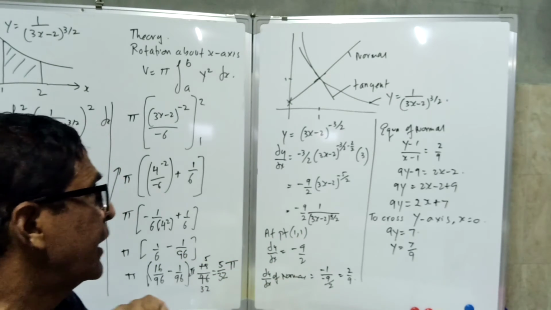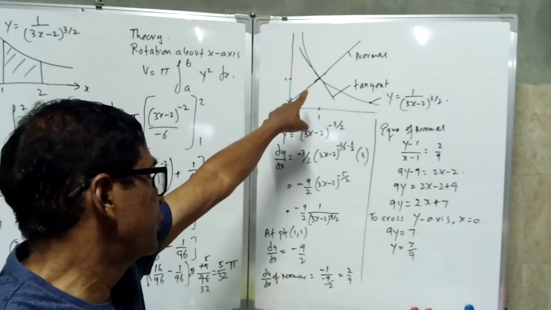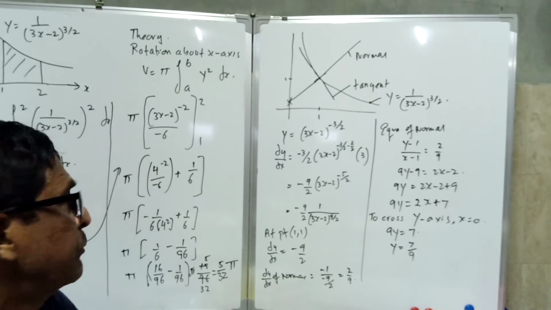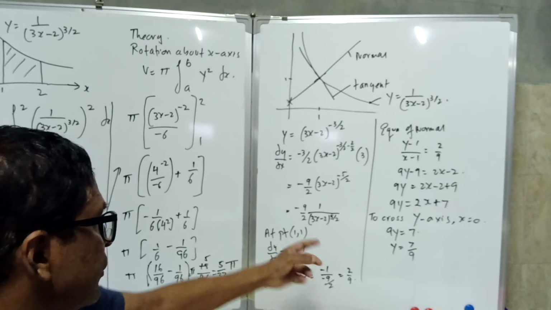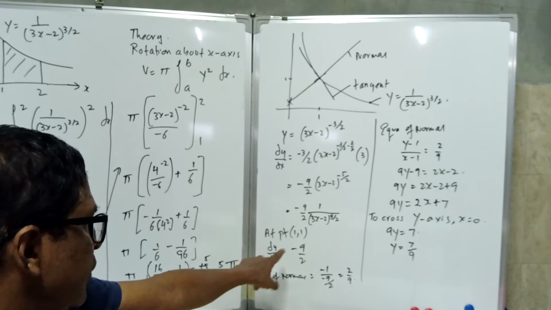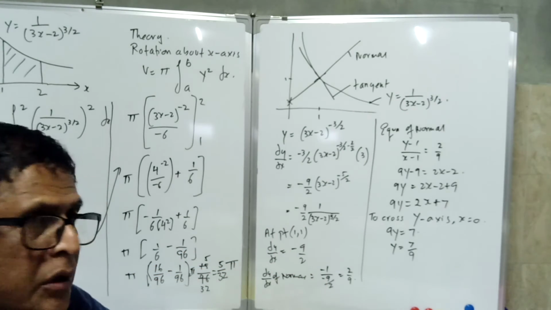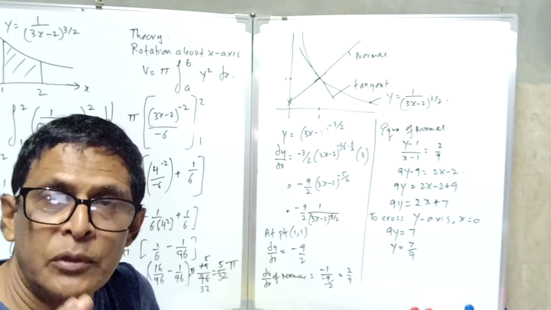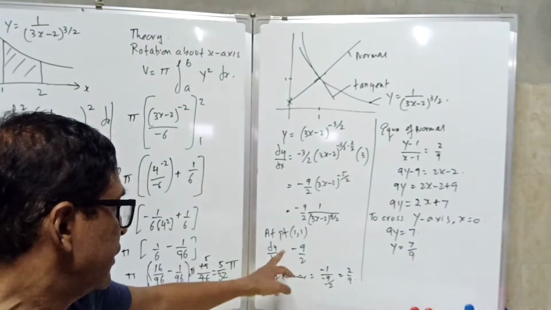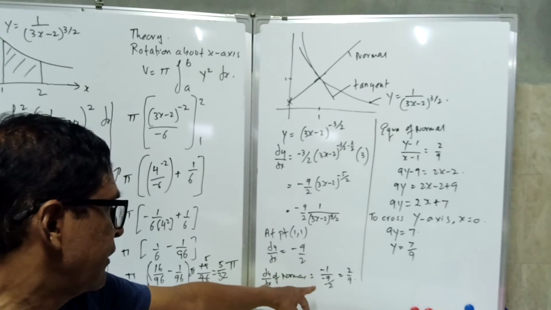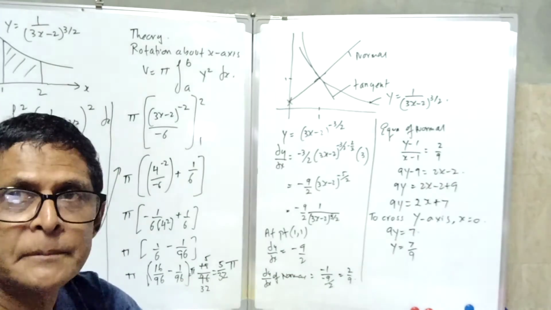At point 1, 1, because this is the point 1, 1 here, what is happening? You replace x by 1, you will get minus 9 upon 2. Now the gradient of the normal will be minus 1 upon the gradient of the tangent. So negative 1 upon negative 9 upon 2 will become 2 upon 9.